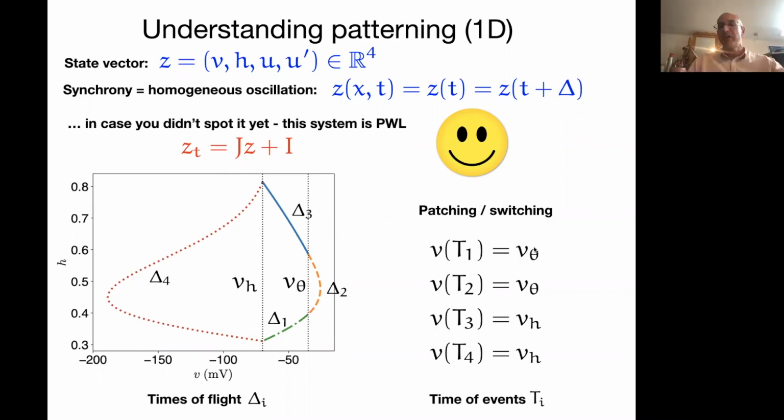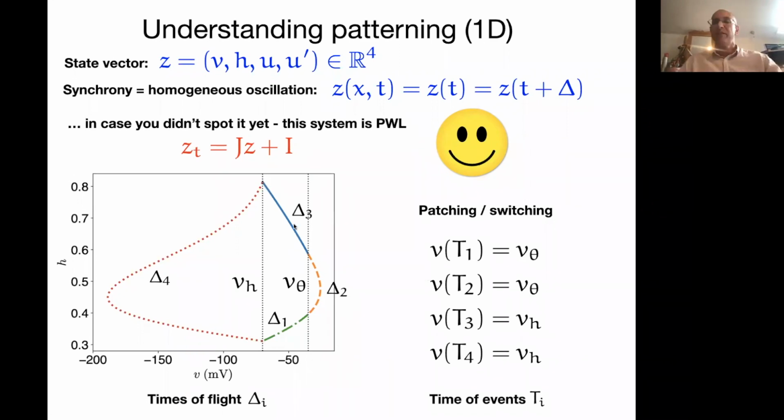But you just have to self-consistently solve trajectories crossing various thresholds. Then you need the time of these events, the time I do this, time I do this, and here there's 4, and then each time going from one region to another, trajectories, and then solve all the times of flight.